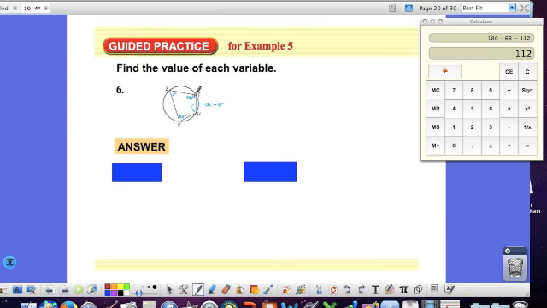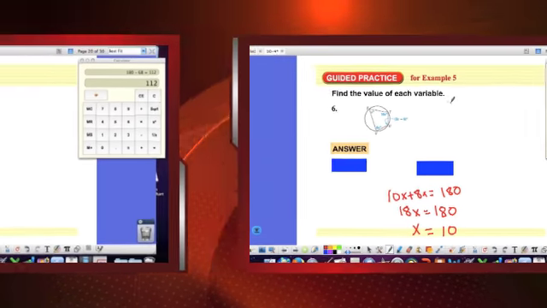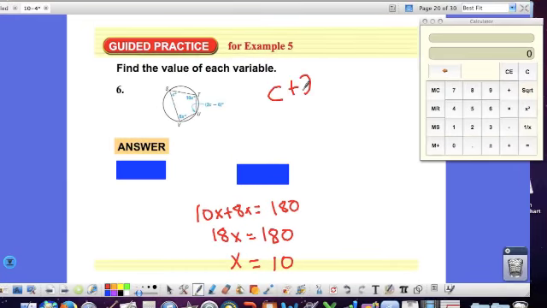Now, these get a little bit more complicated. Well, this one isn't bad. 10x plus 8x equals 180. That's 18x equals 180. So x equals 10. Over here, c plus 2c minus 6 equals 180.